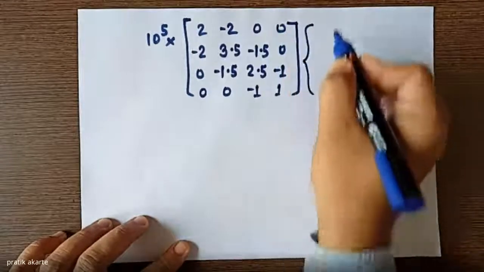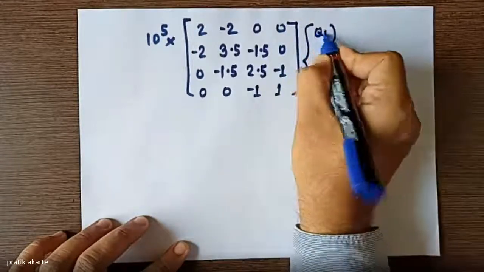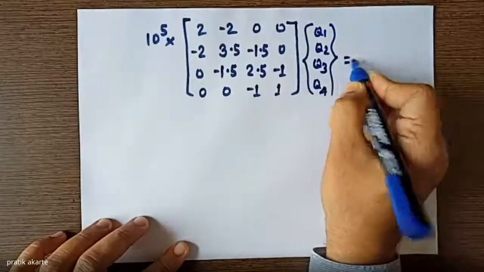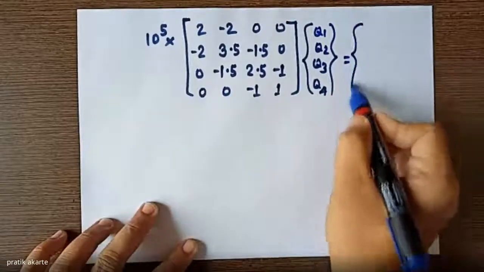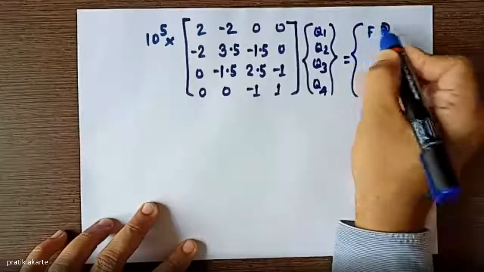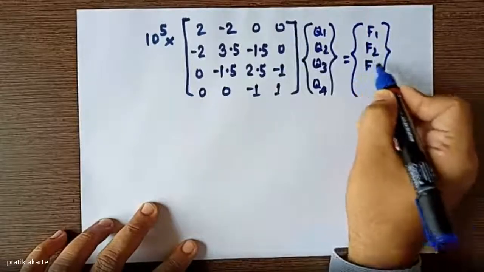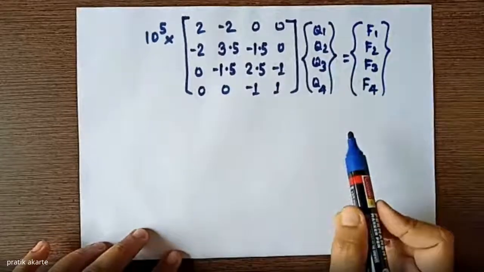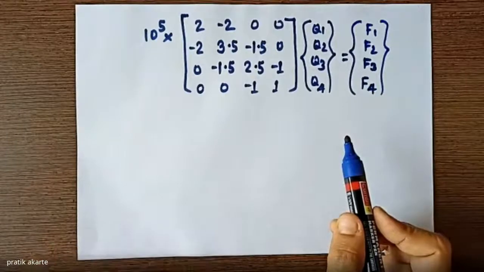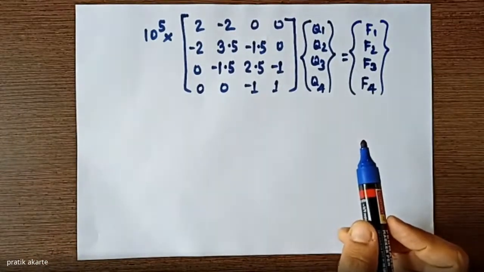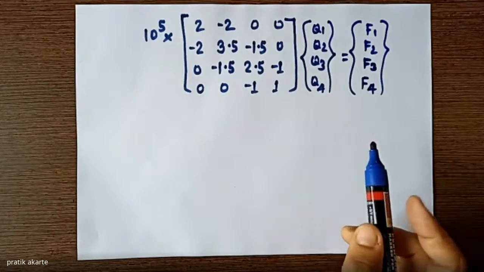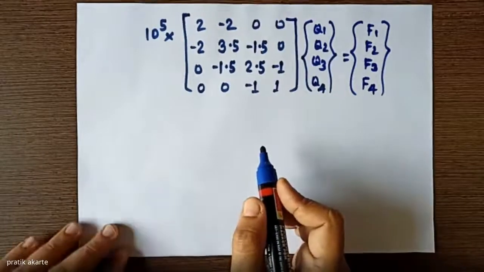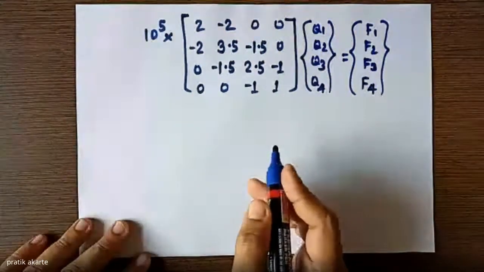Then we write displacement vector q1, q2, q3 and q4, which is equal to your force vector in global terms as f1, f2, f3 and f4. In some literature, this q is referred to as u, for displacement, but only the conventions are changed. Rest of the concepts remain the same. So this is your equation KQ is equal to F in global terms.